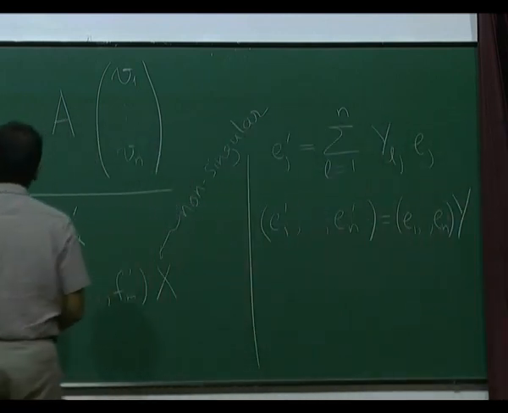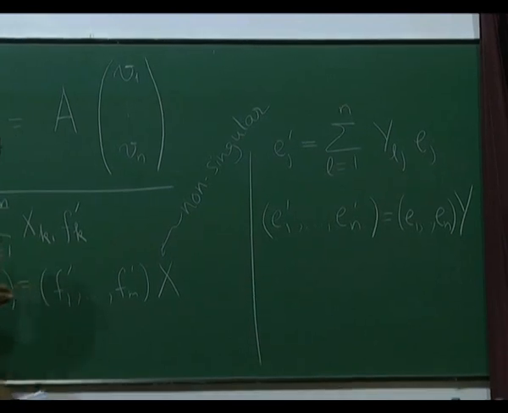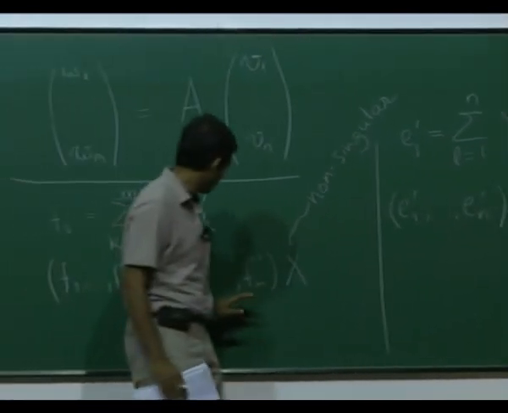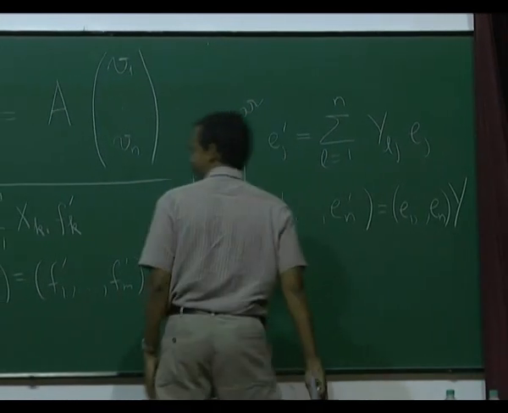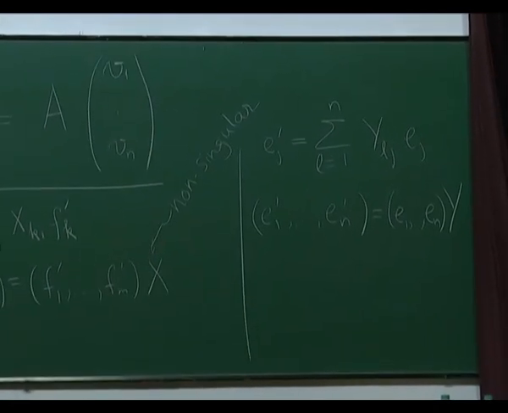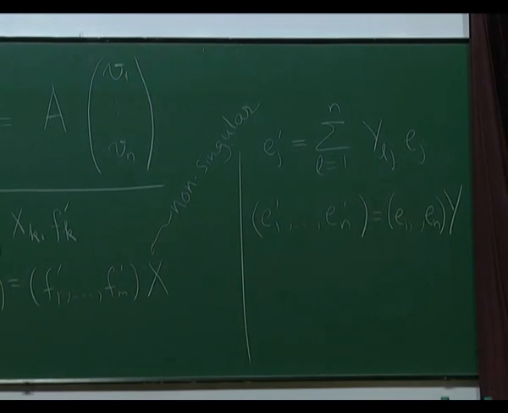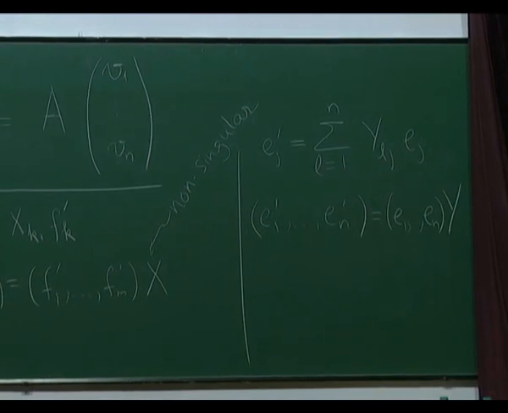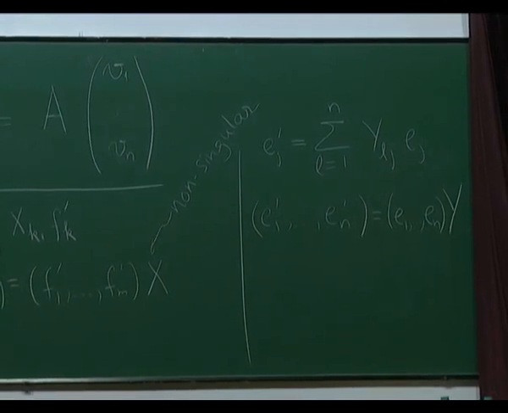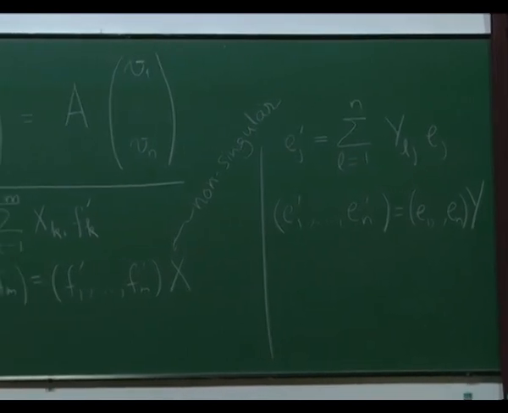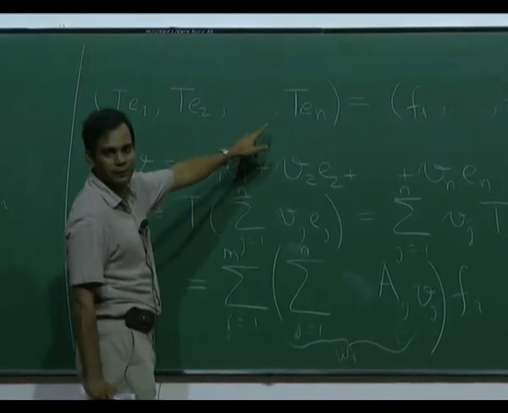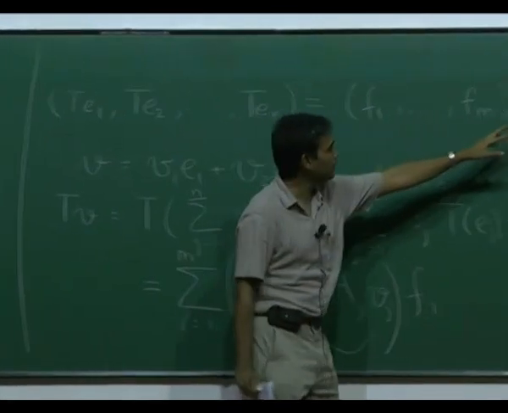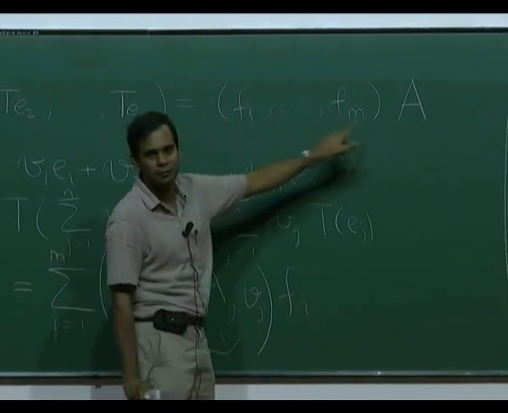Now, let us try to write down the matrix for T with respect to the new bases F1 prime, up to Fm prime and E1 prime to En prime. So, what we need to do is to write down the matrix. We will take T E1 prime, T E2 prime, T En prime, and try to find some matrix that will fit when we write here F1 prime, up to Fm prime.